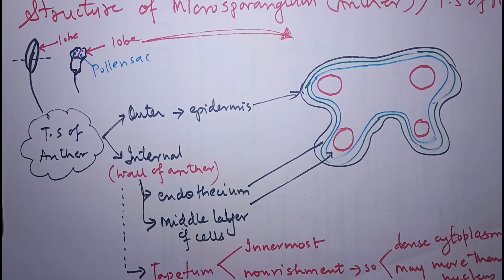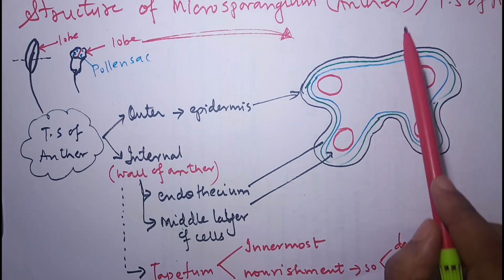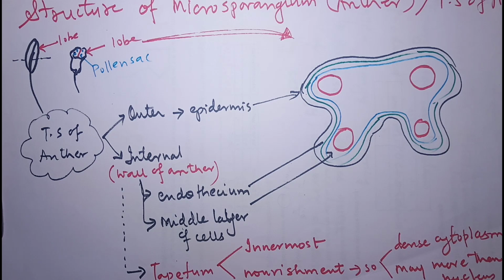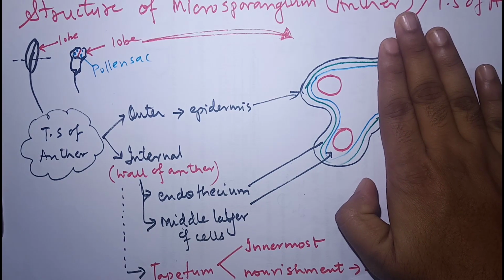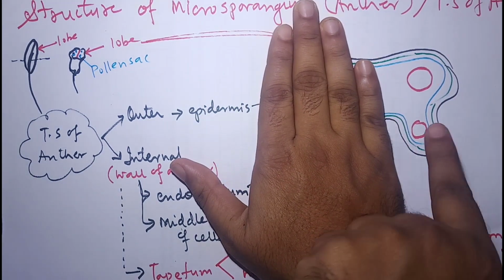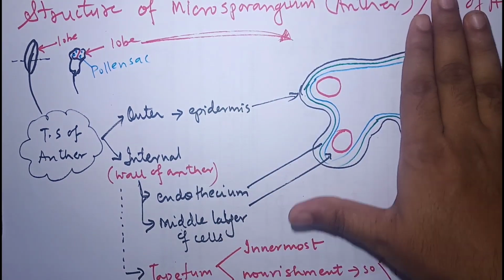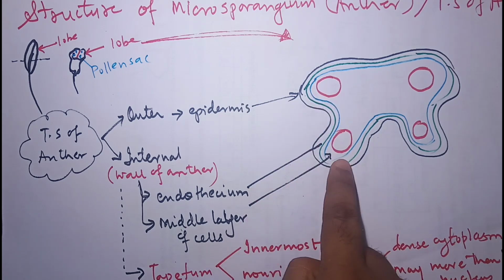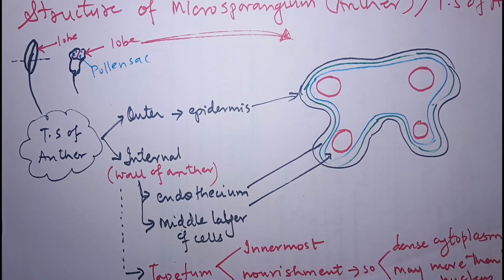Now we need to understand where the lobes are. If you draw the symmetry of this diagram, symmetry means half. If I hide this one, the remaining part is one lobe, and this is the second lobe. Each lobe has two locules, or two pollen sacs.